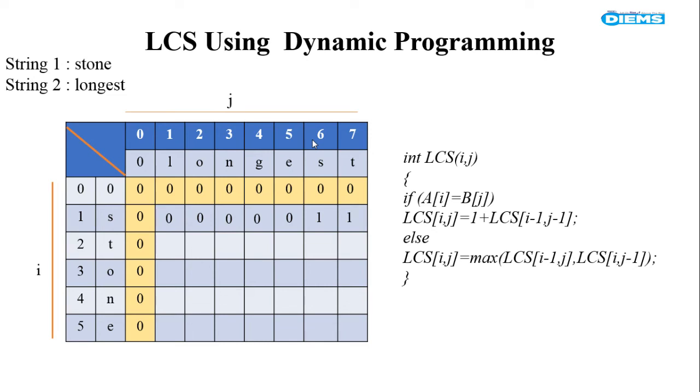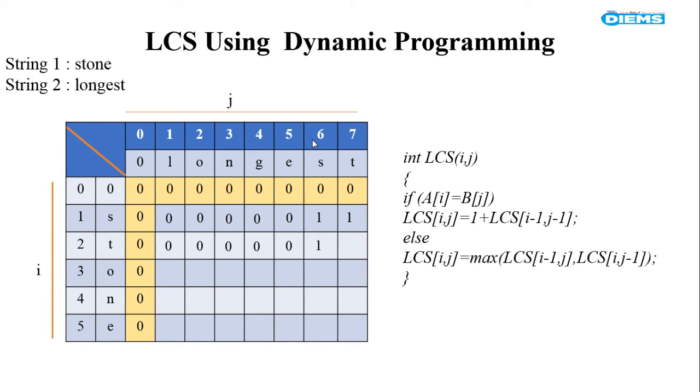Go for the next row. T will be matched with L. Maximum value between 0 and 0, it is 0 only. T and O, 0. T and N, it is 0. T and G, it is again 0. T and E, 0. Now you are going to match T with S. The maximum value will be chosen between 0 and 1, which is the maximum value, 1.